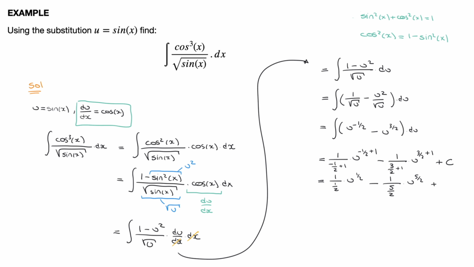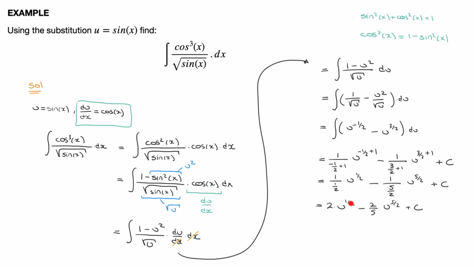And again, we have our constant of integration c. We're nearly there. This 1 over 1/2 turns into 2, and this 1 over 5 over 2 turns into 2/5. So this becomes 2 times u raised to the power of 1/2 minus 2/5 of u raised to the power of 5 over 2 plus c.